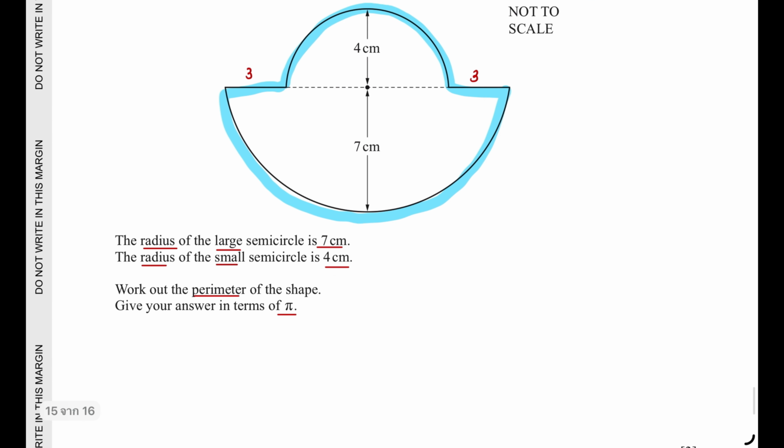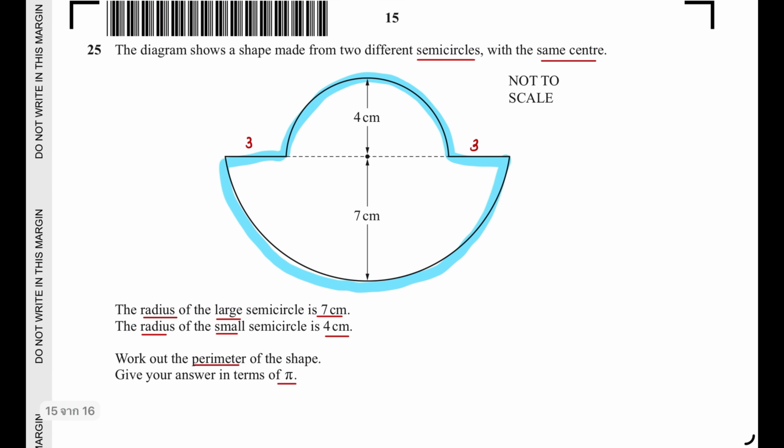Okay. And then I will find the circumference of this semicircle, which is equal to 2 pi r divided by 2. So it will be equal to pi times 4, which is equal to 4 pi. And I will find the circumference of the large semicircle with the same formula, 2 pi r divided by 2.